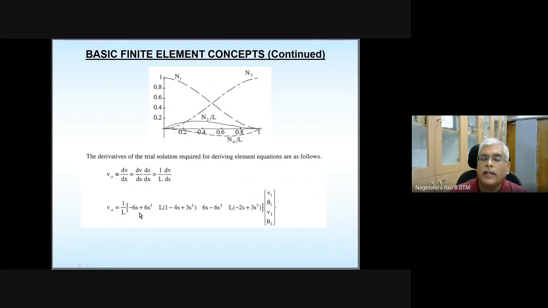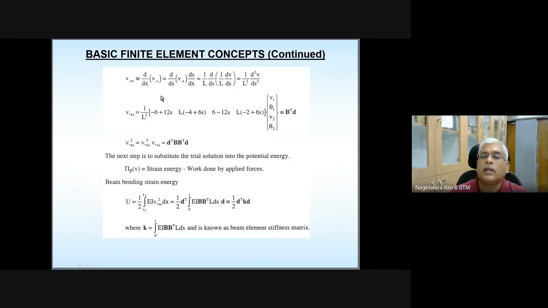You need to take the derivative of all these quantities with respect to s once again and multiply by 1 over L. So for the second derivative of V with respect to X, you are going to get 1 over L square and the derivatives of all these quantities. These are nodal values, so they are going to be constants. So this is what the second derivative of V with respect to X looks like.